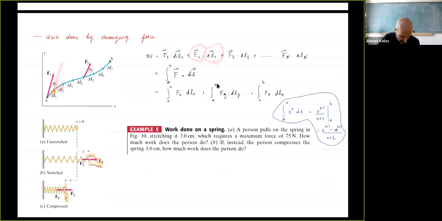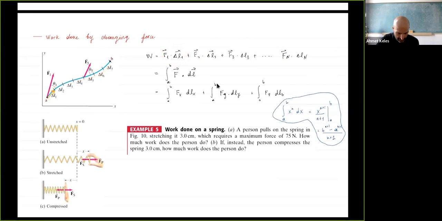I take the dot product of these two. And a little bit later, I have F3 and L3, and I took the dot product of these. So what I did is take this whole displacement and divide it into infinitely many small displacements. Because this is infinitely small, F is constant in an infinitely small interval. That's why I wrote it like this.